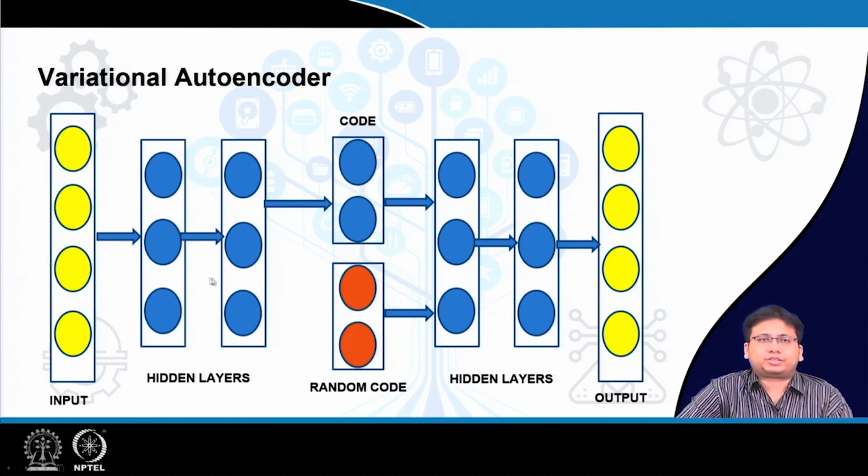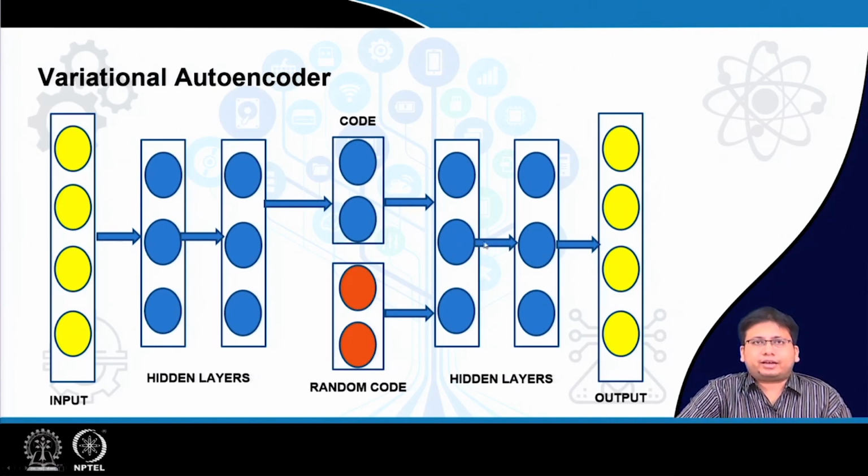Now, what does the autoencoder do? An autoencoder takes in an input and passes that input through different hidden layers where the usual neural network operations take place, which may include convolution, pooling, etc., which we had discussed a couple of lectures earlier. Finally, the input is reduced to a code.